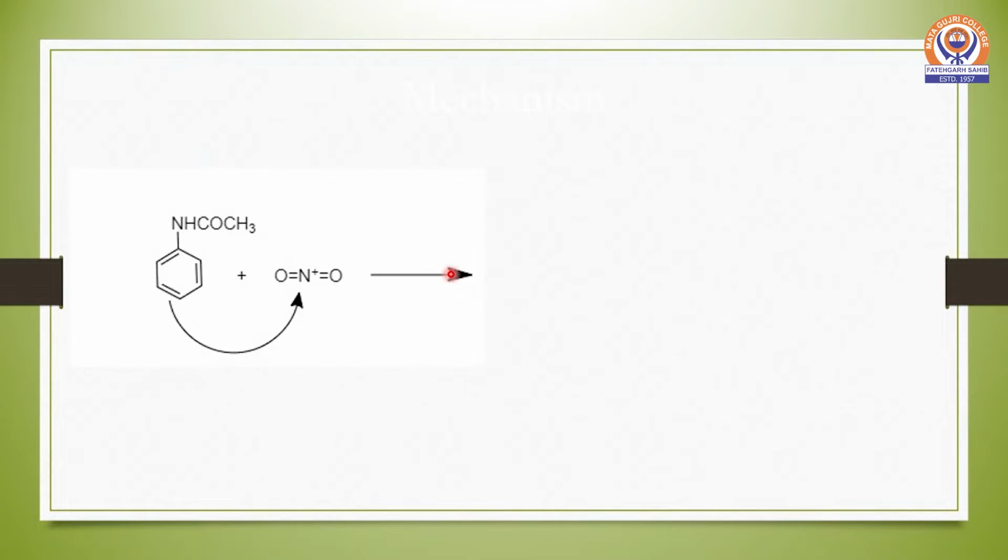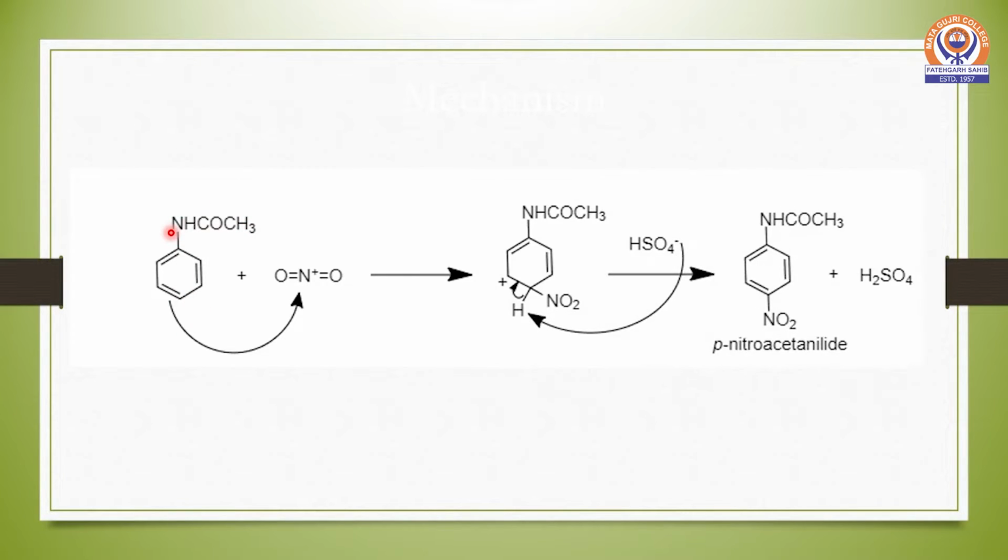This nitronium ion then approaches the para position of acetanilide and forms this particular cationic intermediate, which loses a proton to the HSO4 negative ion, forming H2SO4 and generating para-nitroacetanilide.